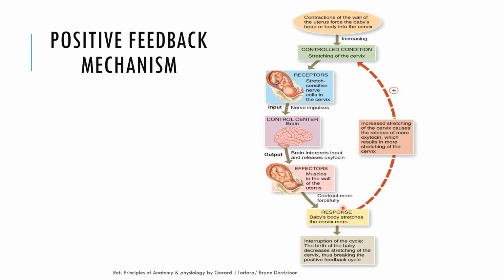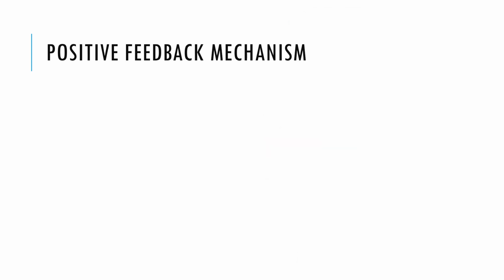Due to a more forceful contraction, the baby's body stretches the cervix more, and this again increases the release of oxytocin. This process continues until the birth of the baby occurs. Once the birth is done, this particular cycle stops. This is called the positive feedback mechanism.